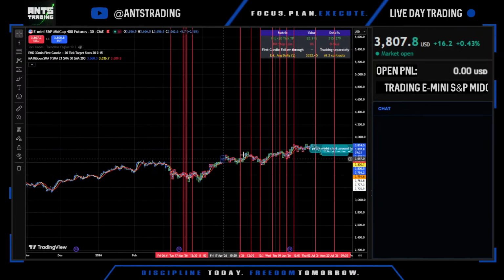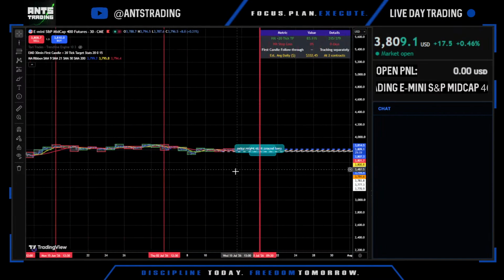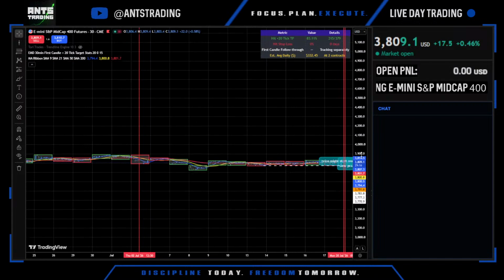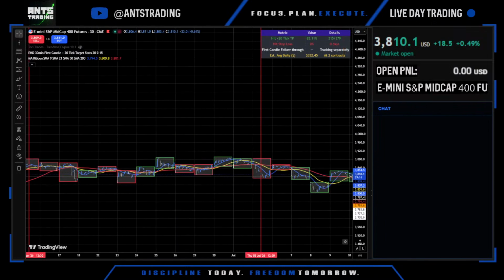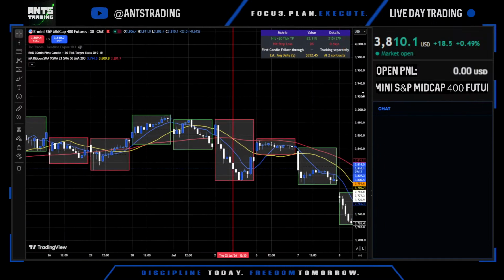1, 2, 3, 4, 5. I have 15. 15 that have a line through it. Those are the ones that didn't even hit at least a 20 tick profit.